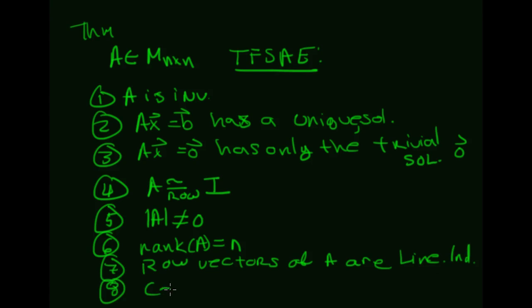And 8, the column vectors of A are also linearly independent. Okay, so these 8 things, if you have a square matrix, all say the same thing. Okay, so they can be interchanged for one another. All right, so there's our bit on rank, nullity, and the solutions of systems of homogeneous and non-homogeneous equations.